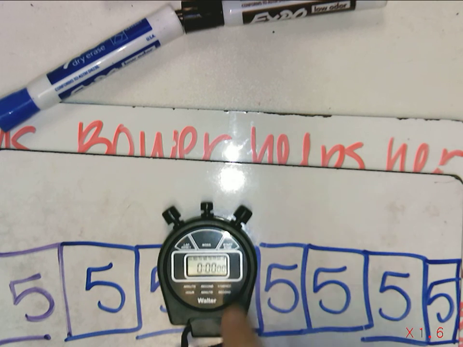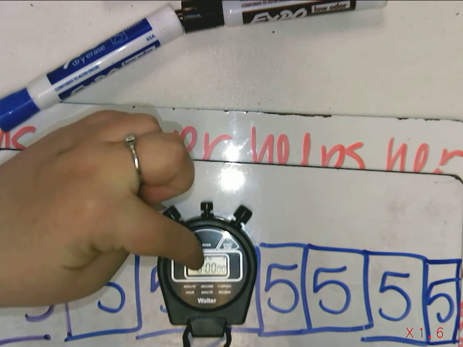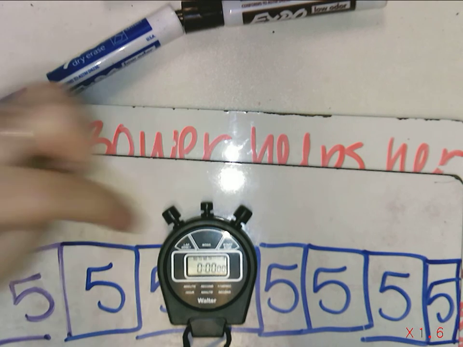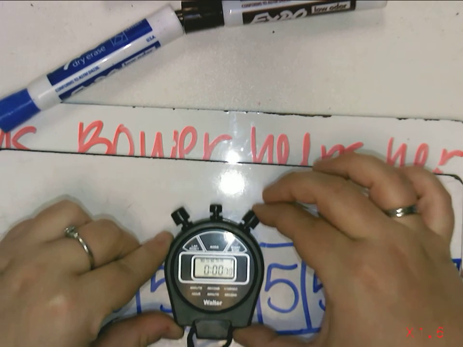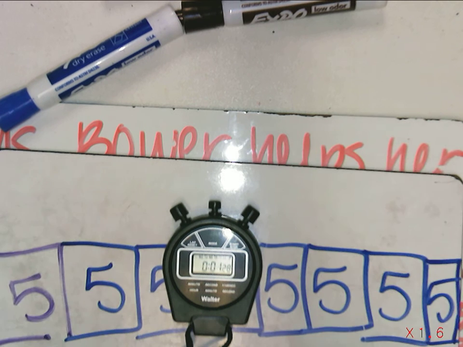If you can see, there's a bunch of zeros right now, and the seconds are the third 0. Let's see what 1 second looks like. That's about 1 second, 1 second and 28 milliseconds. So 1 second is pretty short.